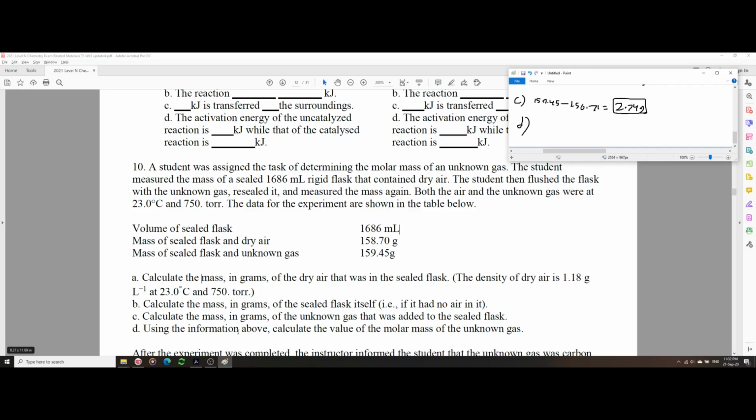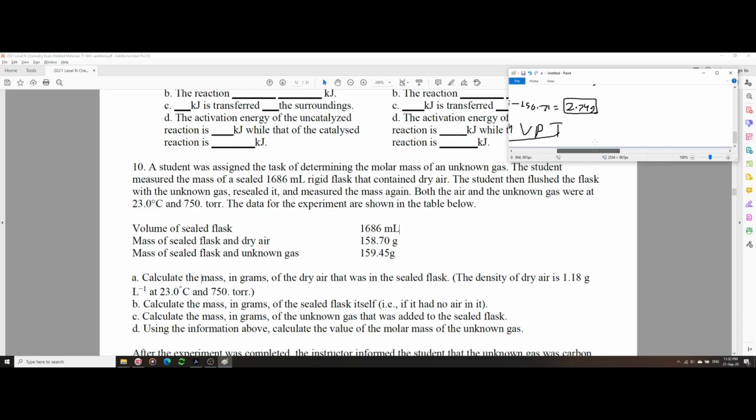So part D, using the information above, calculate the value of the molar mass of the unknown gas. Molar mass, that's a symbol, right? Now we just had mass. What other things pop up in your mind? We have the density, I'm probably not gonna use it. We have the volume, the pressure, the temperature, things are starting to show.